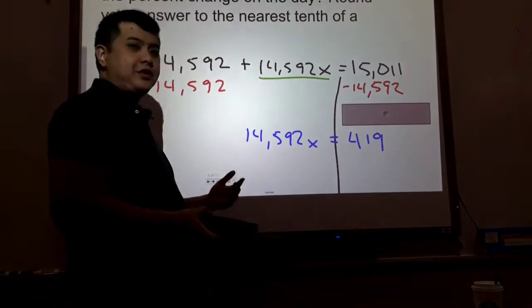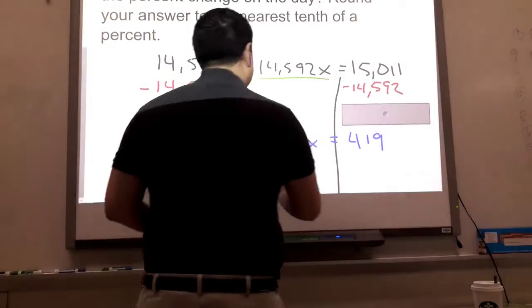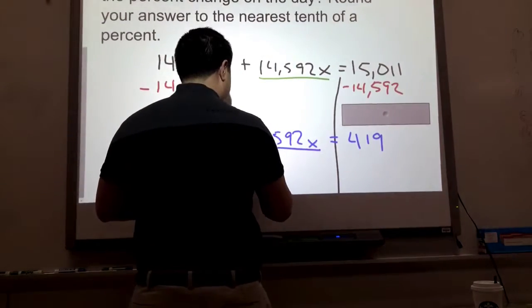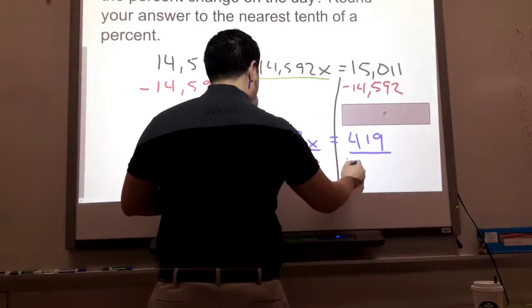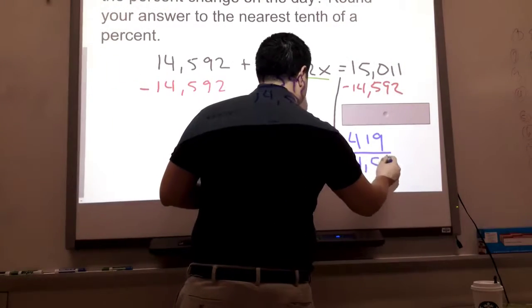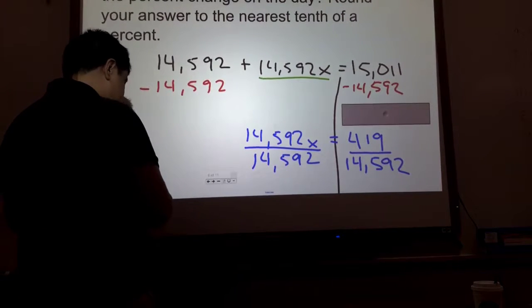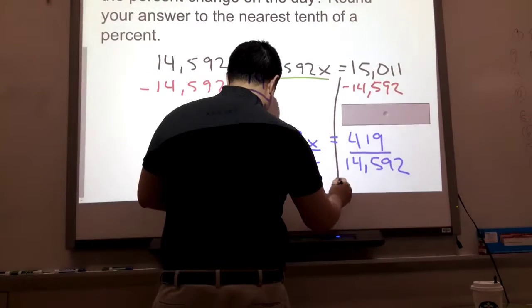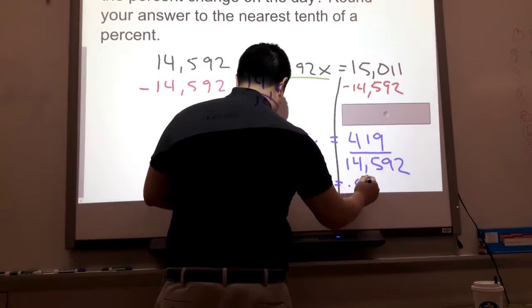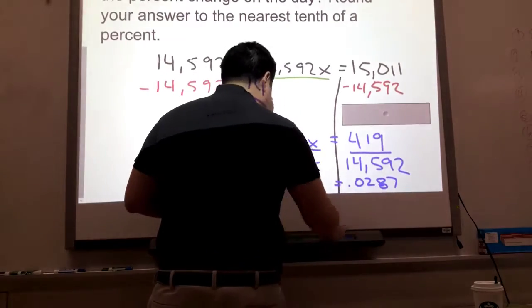From there, we're going to divide both sides by the coefficient, which is 14,592. We find that x equals 0.0287 and a few more decimals after that.